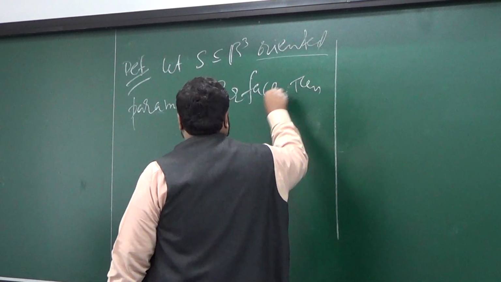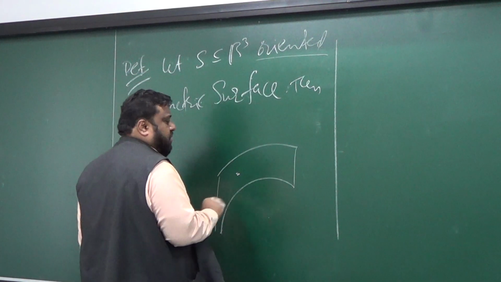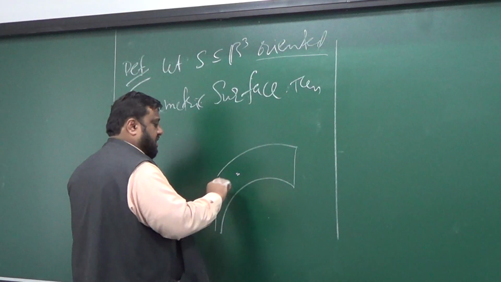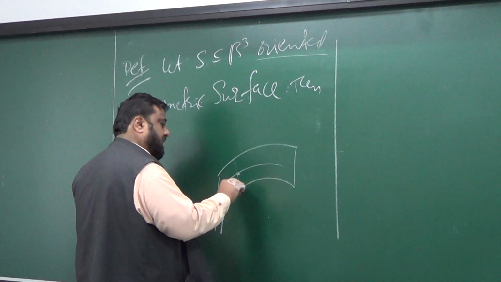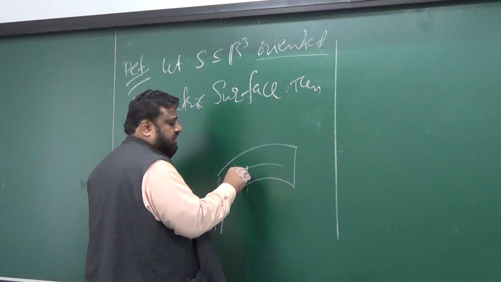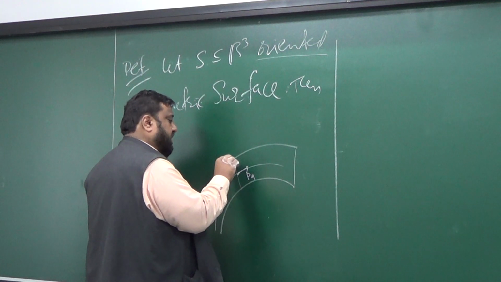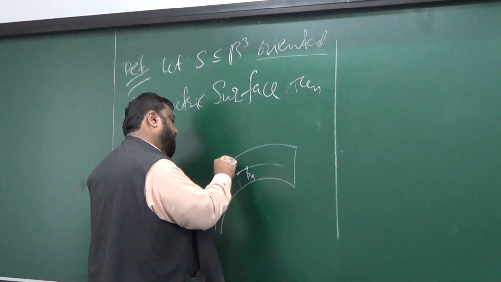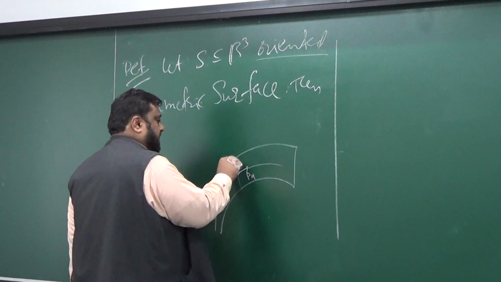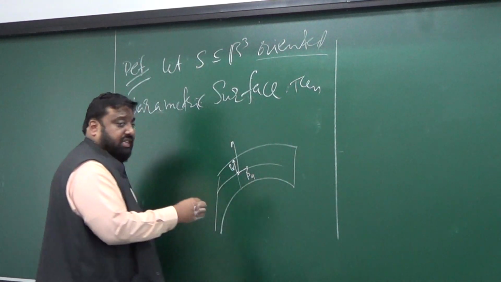Then I have a surface, and I'm taking a point on it. Maybe these are two coordinate lines that pass through this point, and I know that I can draw a tangent vector that is going to be PU along this one, and PV. And then I would like to draw an outward normal vector to the surface.